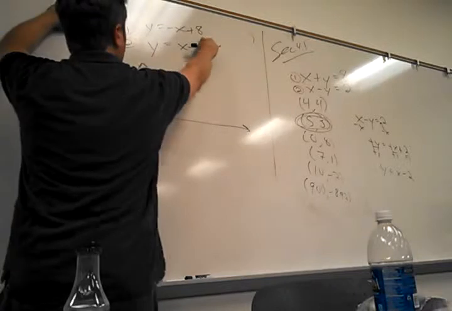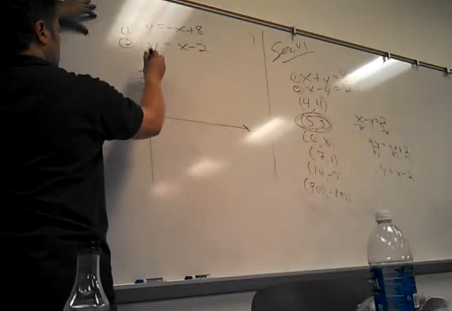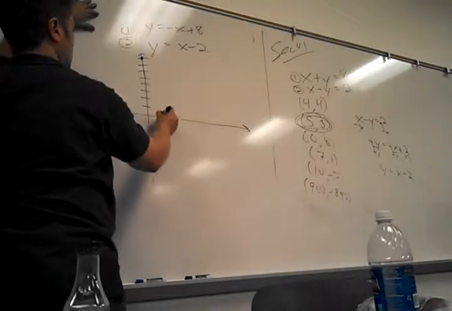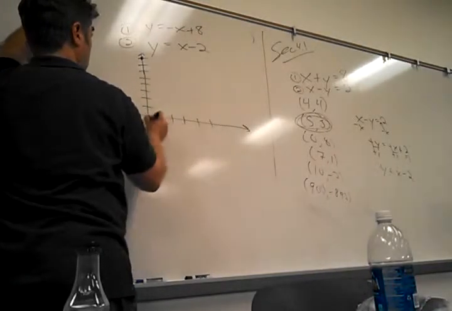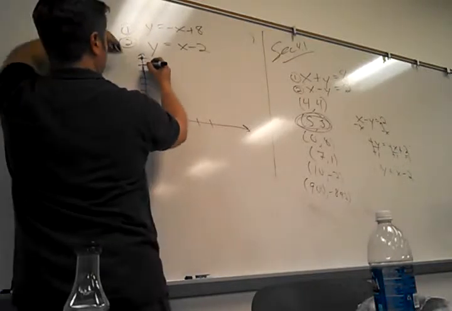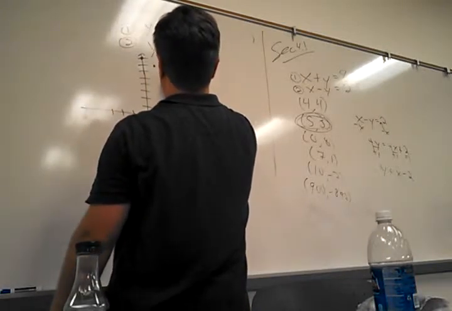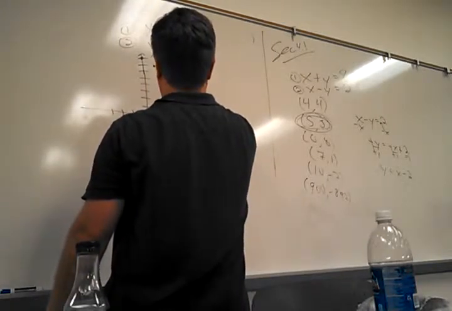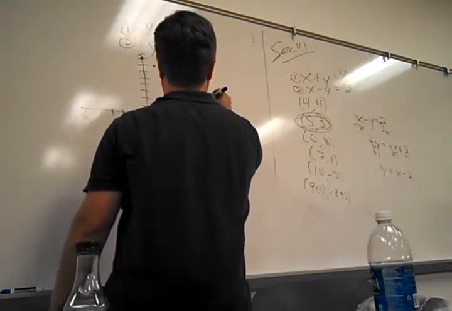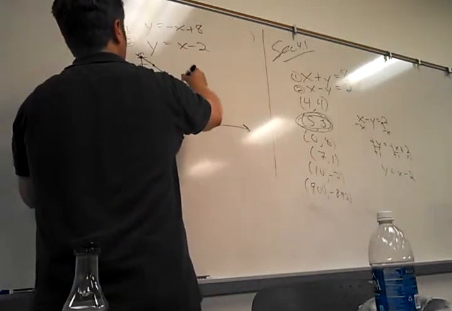How do I graph this first one? Go to plus 8. And then go down 1, over 1. Down 1, over 1. Down 1, over 1. Down 1, over 1. Okay, that's many, many, many steps.